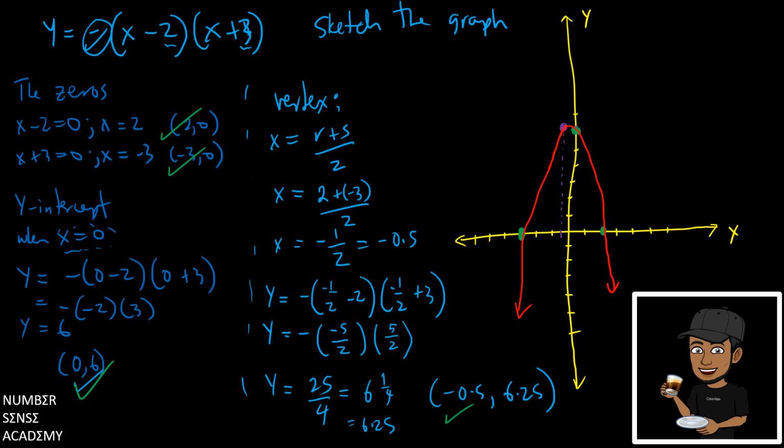So a couple of things. I know that it's negative, right? So my graph is facing downwards. I don't expect any massive transformation to the arms because it's just negative 1, so it's standard. But the vertex got shifted over negative 0.5, and the y-intercept is 6.